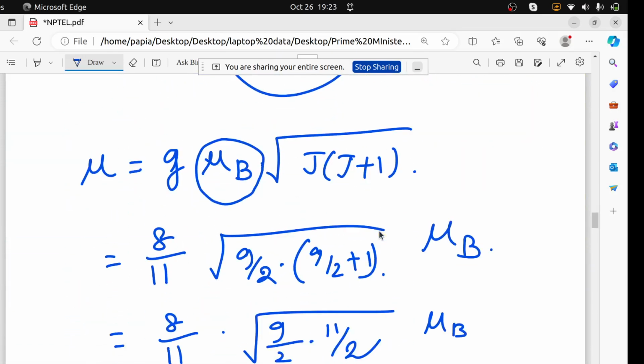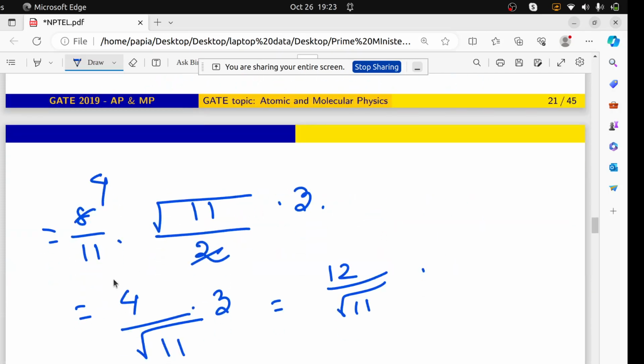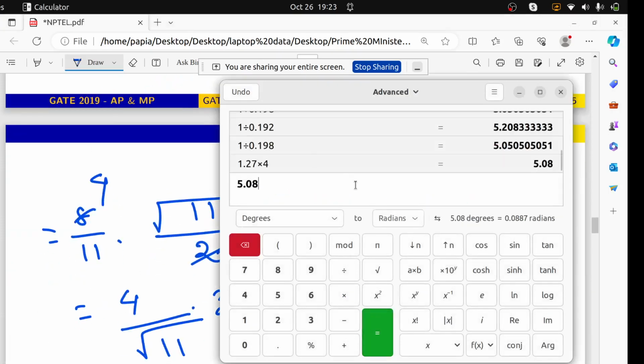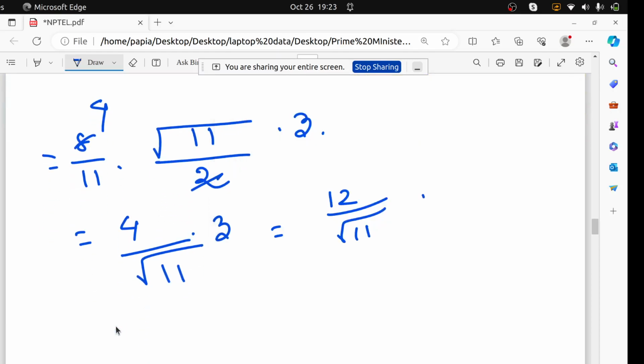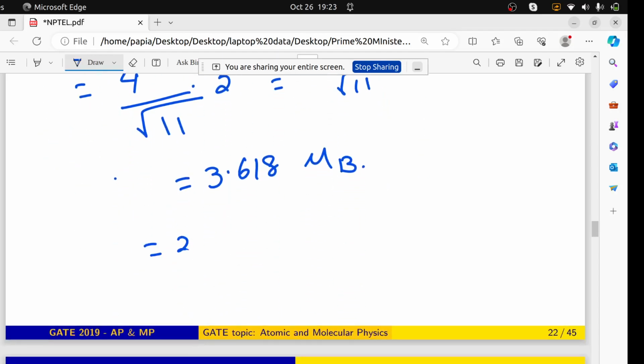So if I just calculate 12 by root over 11, it will give us 3.618 mu B. But they are asking that you have to round it off to 2 decimal places. That means 3.62 mu B.